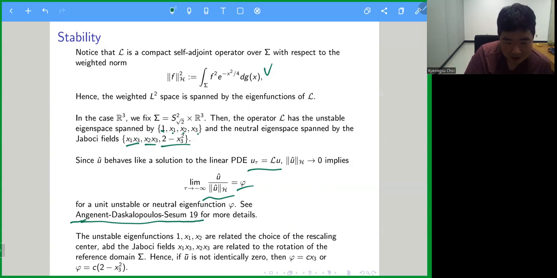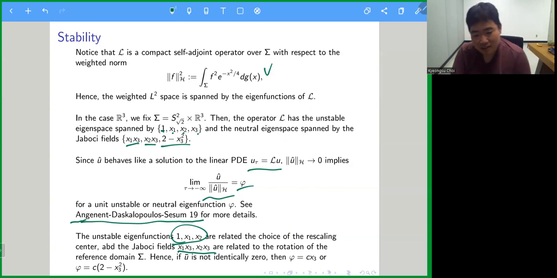But these actually come from the choice of the rescaling somehow. This is kind of geometric, so we can cancel the coefficients of these guys by choosing the center of rescaling. x1 x3 and x2 x3 come from rotating the reference cylinder sigma, so we can also show that they never appear at the backward limit.